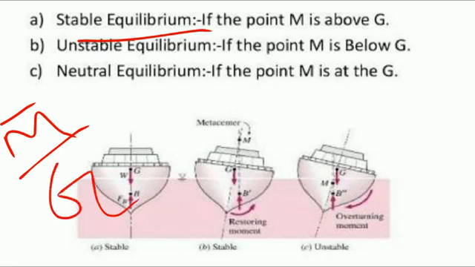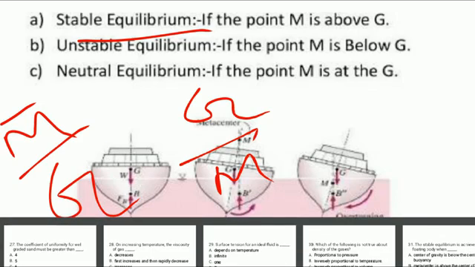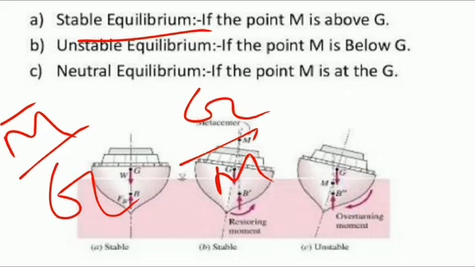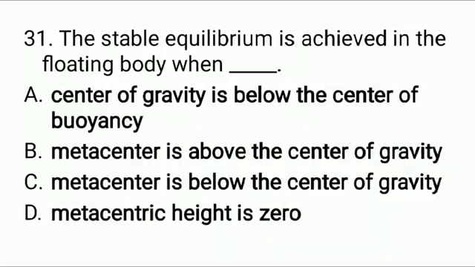When M is below G, it is unstable, and neutral equilibrium if the point M is at G, that means M and G are in the same position. So the stable equilibrium is achieved in the floating body when the metacenter is above the center of gravity. So our answer will be B.